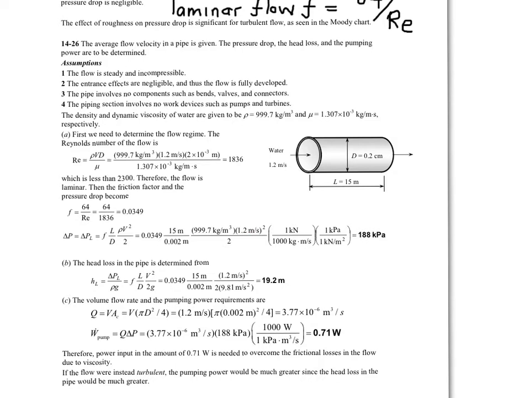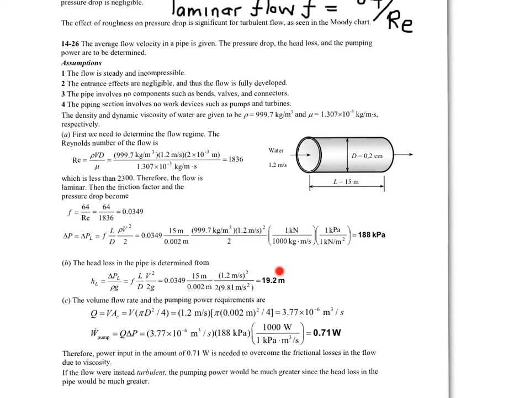Pretty straightforward, but rather tedious. Now the head loss, remember, is the pressure drop divided by the density times the acceleration due to gravity. So all we need to do is divide the pressure drop by rho g, and we get 19.2 meters.